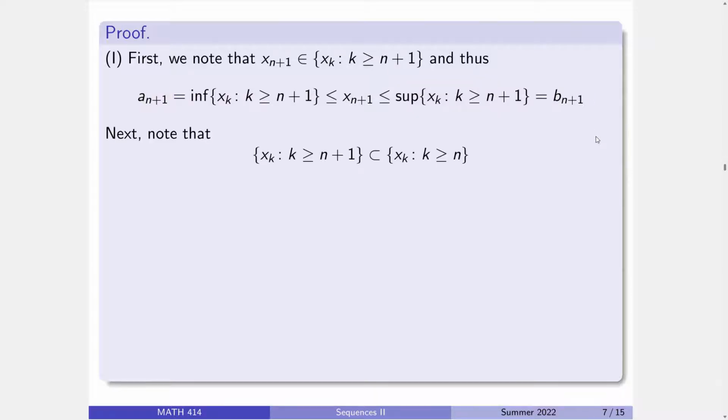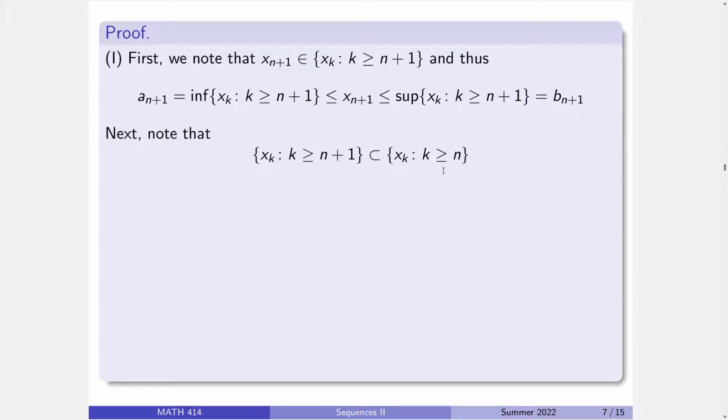Not too bad. Okay, so the tricky part is going to be the next argument. So note that anything that's in this set has to be in this one. So if you're in the n plus 1 tail, you're in the nth tail. And that should make sense because, right, if k is bigger than n plus 1, then k is bigger than n.